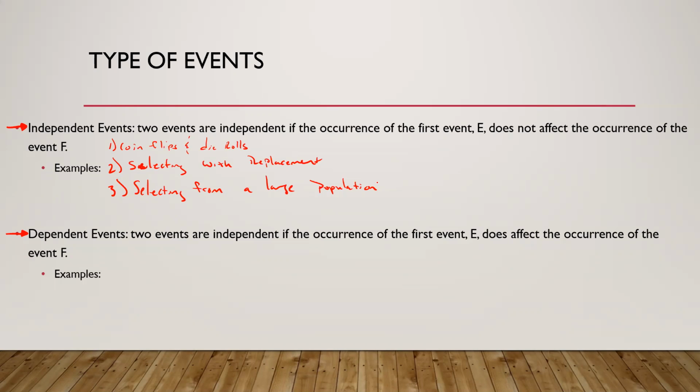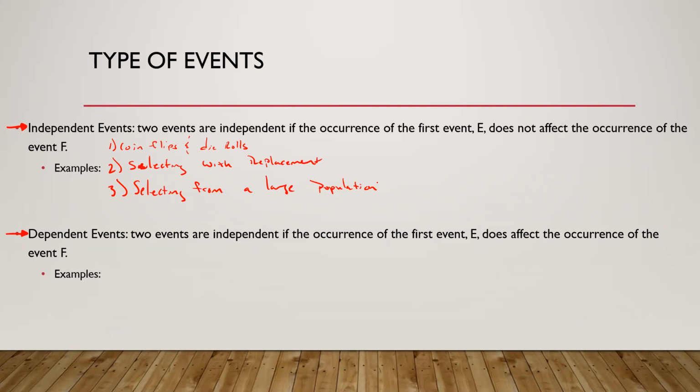If you select a male the first time and remove him from the population, is it going to change to any measurable number the probability you would select another male? No. When you have a large population, even if you take people or things out of it, they will still be independent.